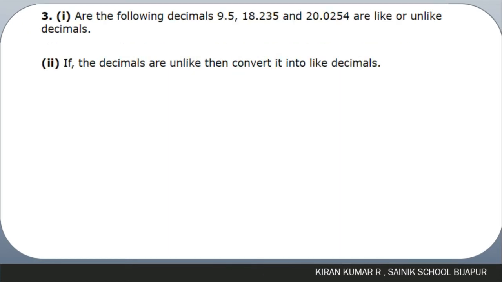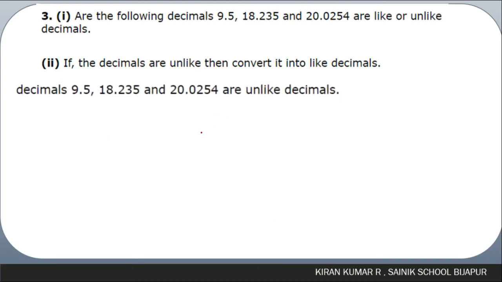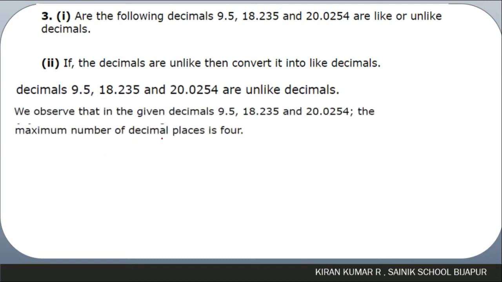Let's see one more example. Are the following decimals like or unlike decimals? If the decimals are unlike, then convert them into like decimals. Here the decimals are unlike because the number of decimal places is not the same. The maximum number of decimal places is 4, which is there in 20.0254.